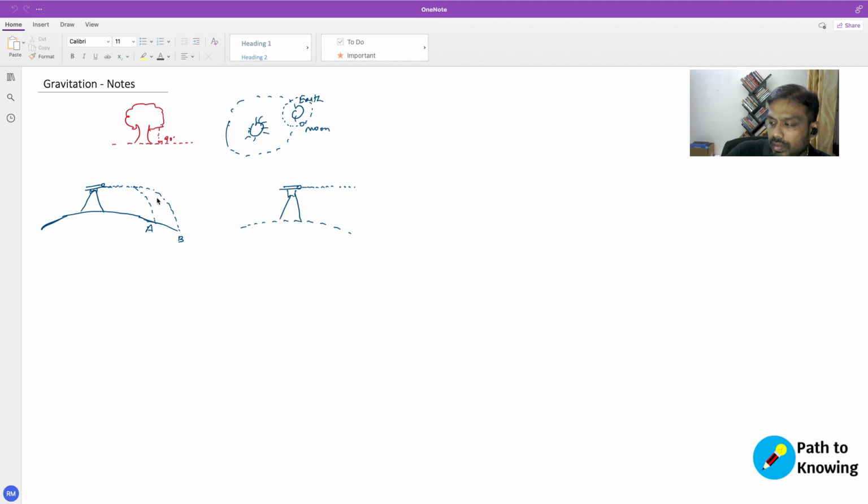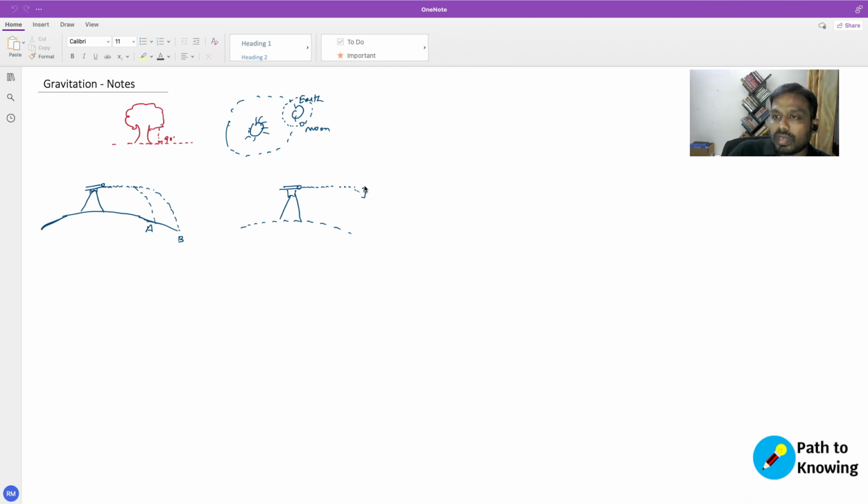The velocity is so high that it travels for a very long time, and it is only after a long time that it would start to fall. So let's say it starts to yield to gravity at this point here.